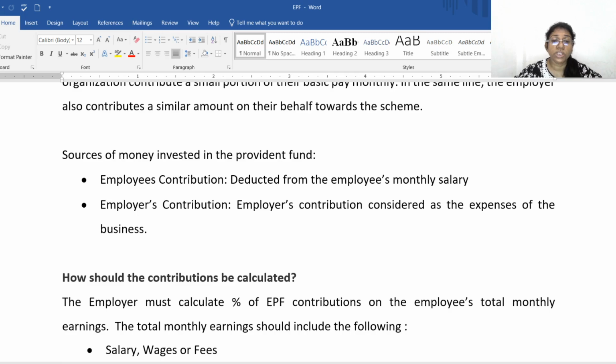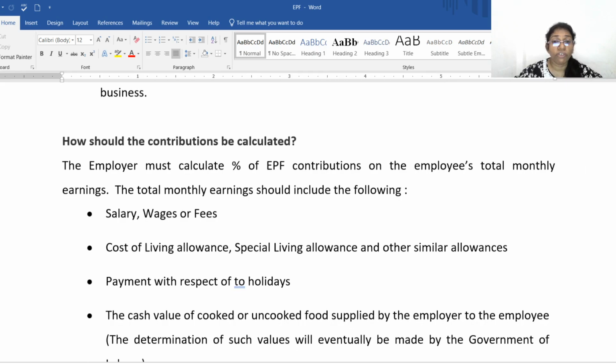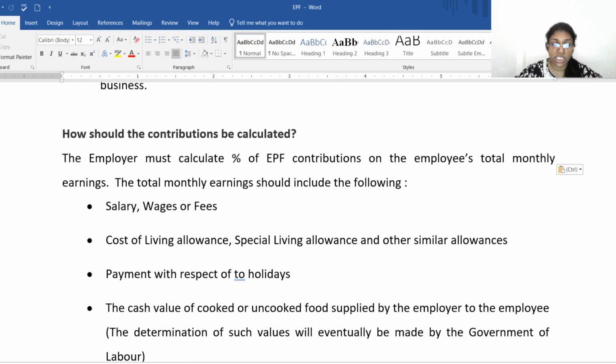So, how should the contribution be calculated? The employer must calculate the percentage of EPF contribution on the employee's total monthly earnings. This total monthly earning comprises the following categories. The first one, salary, wage or fees.